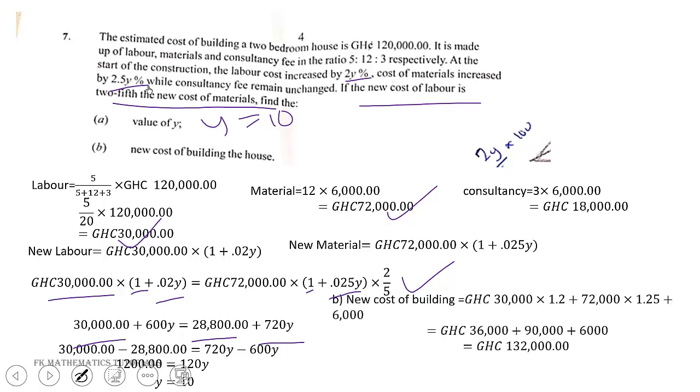So 20% increment means 1.2 times 30,000, and 25% increment means 1.25 times 72,000. We're told that the consultancy is still the same. So calculating all, we'll get 132,000 as the new cost of building the house.